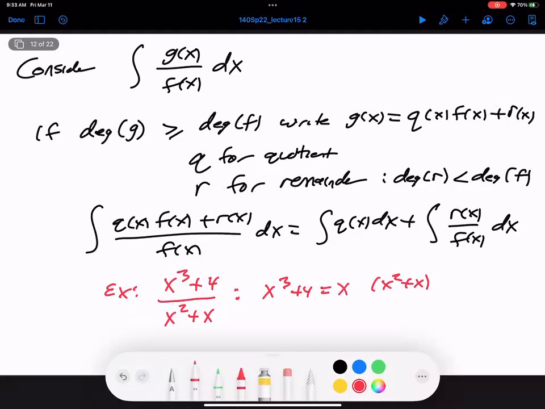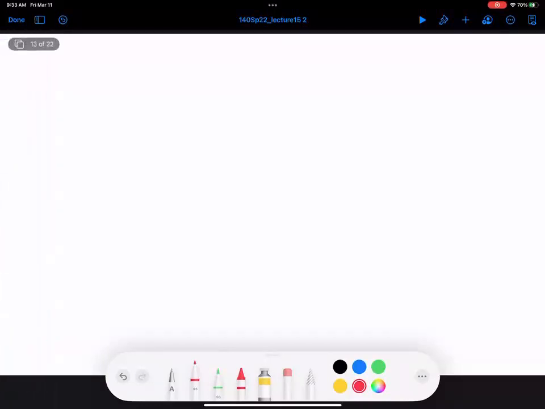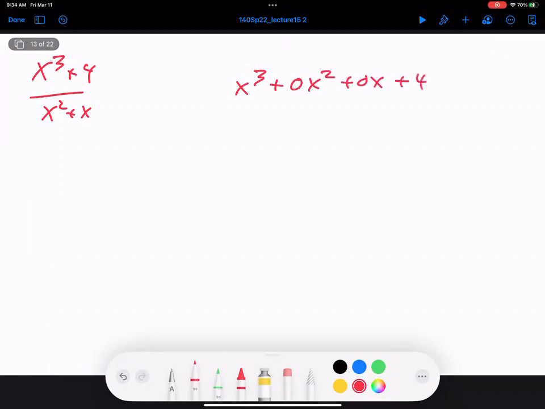Right? And now, what else do I put in? So if you really wanted to do this, we had x cubed plus 4 over x squared plus x. Well, actually, let's do it the right way. x cubed plus 0x squared plus 0x plus 4.